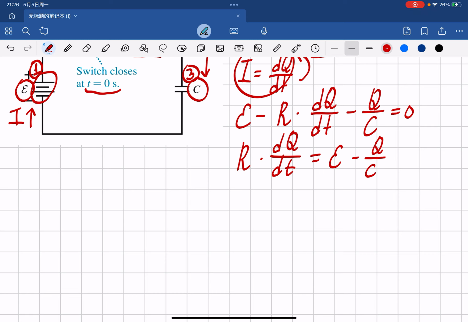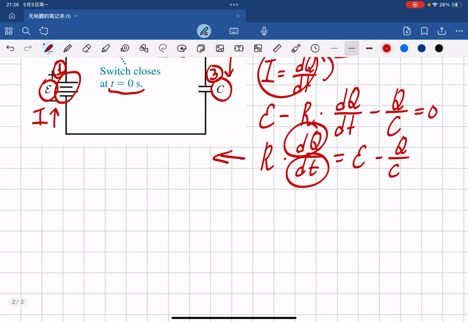Our strategy in solving this equation will be to separate the two variables. Then we will write dq on the left side over E minus q over C, equal to dt over R.